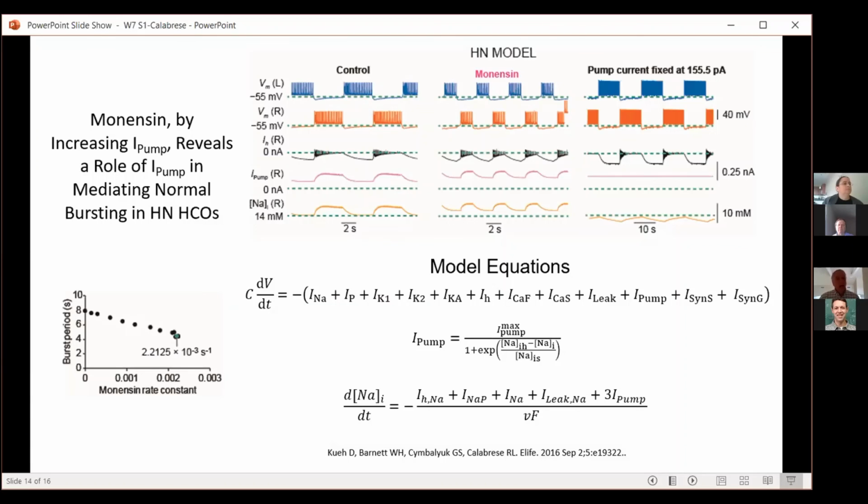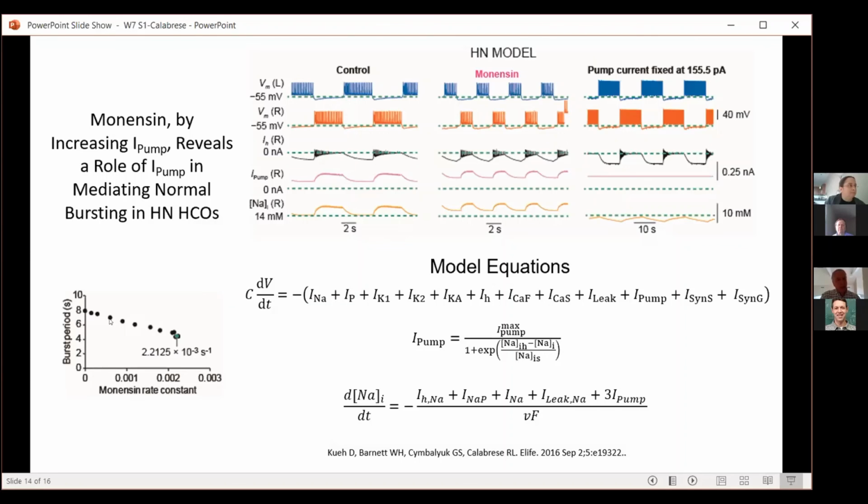The way monensin is entered into this equation is as a term that just increases the baseline sodium concentration inside the cell. The amount of monensin, and therefore the change in internal concentration caused by monensin, is expressed as a rate constant.